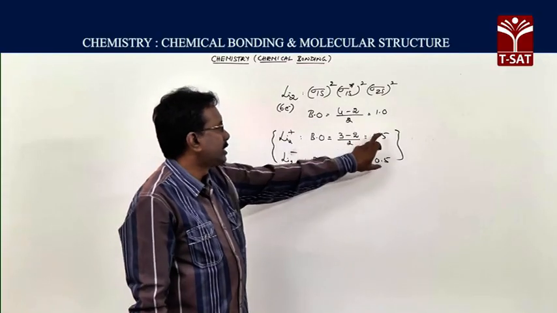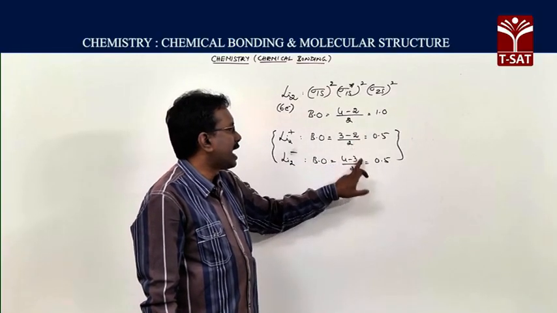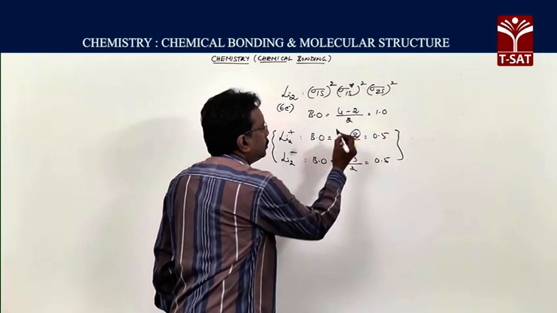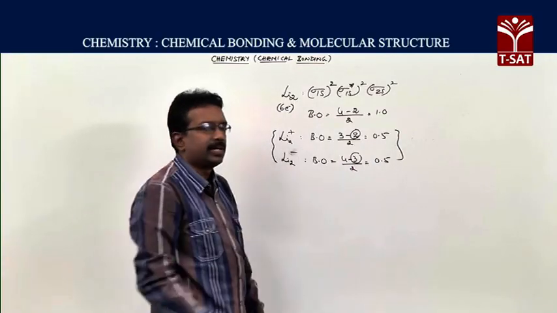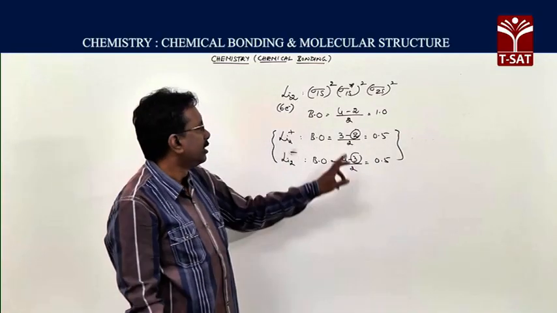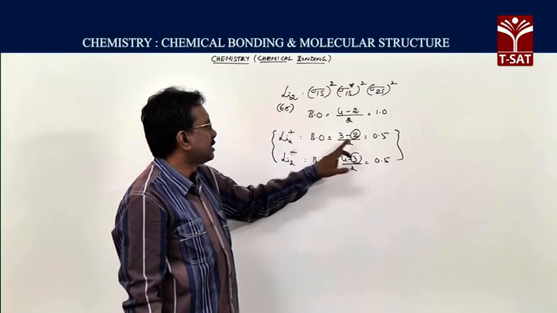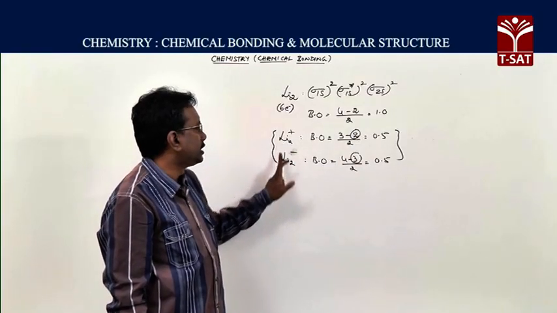Then if we have same bond order, please concentrate on the number of electrons present in the antibonding orbital. Here in Li2 plus we have 2 electrons in the antibonding orbital, but in Li2 minus we have 3 electrons in antibonding orbital. That is why, compared to Li2 minus, Li2 plus has fewer electrons in antibonding, which leads to a more stable species among these two.